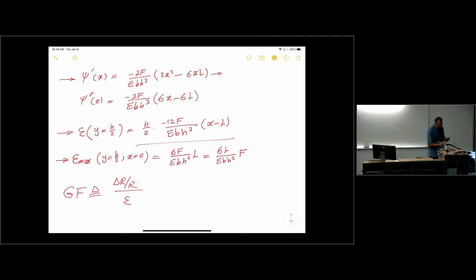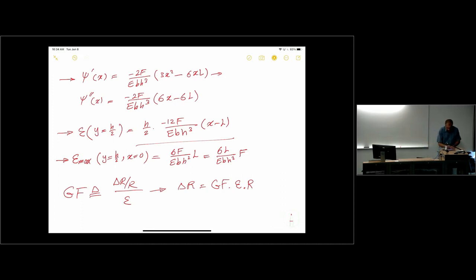And with that in mind, I know the gauge factor for this cantilever in this problem. I can show that delta R therefore is my gauge factor times epsilon times the initial value of the resistance. Okay?